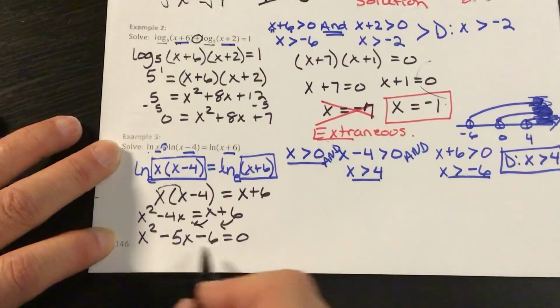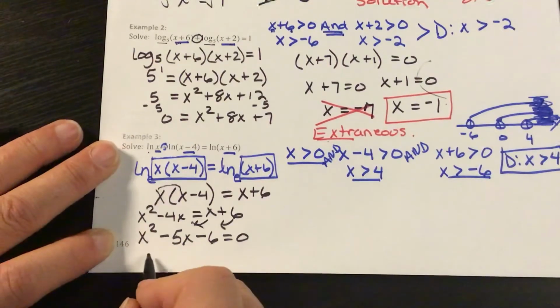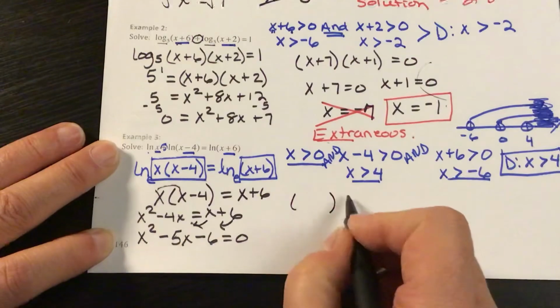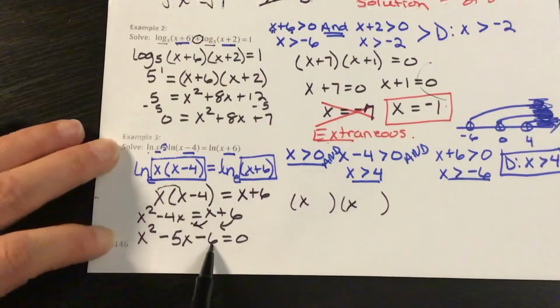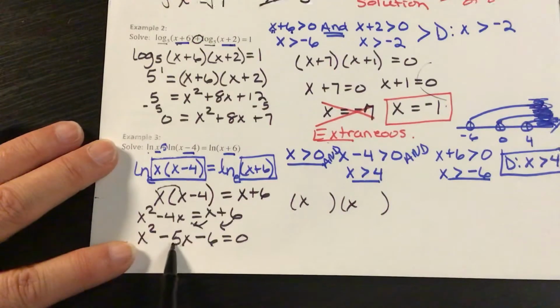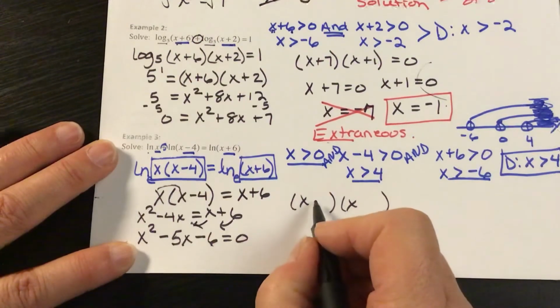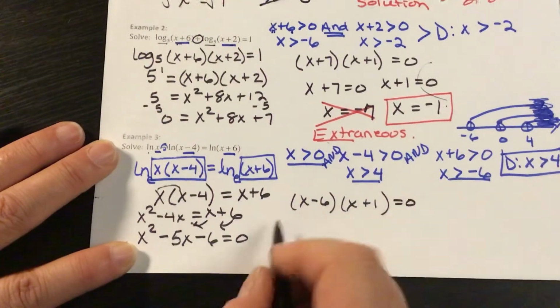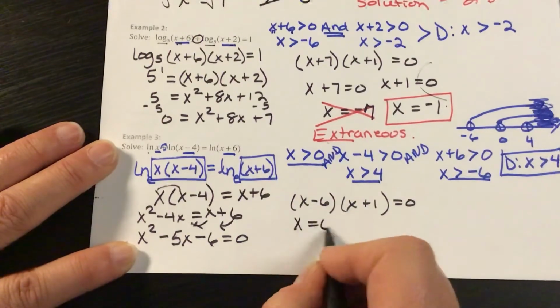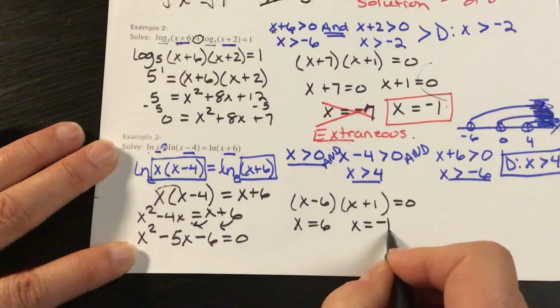And here I can factor. So the numbers that multiply to be 6 and add to be negative 5 would be negative 6 and positive 1. So my solutions are x is 6 and x is negative 1.